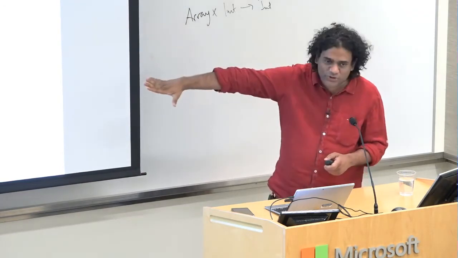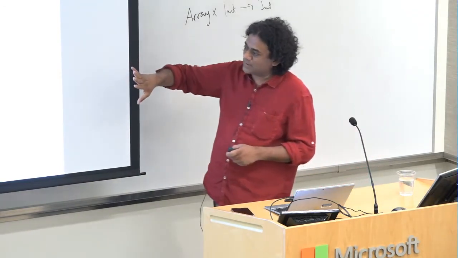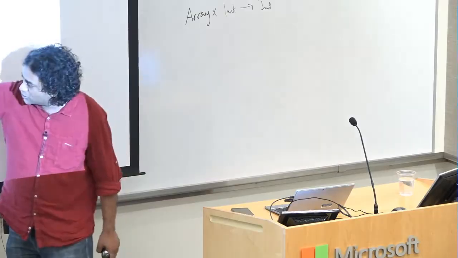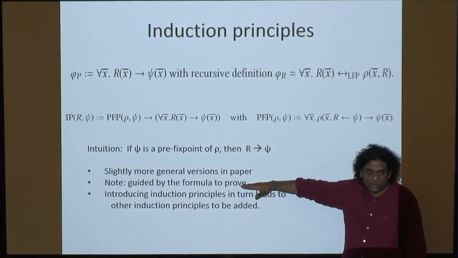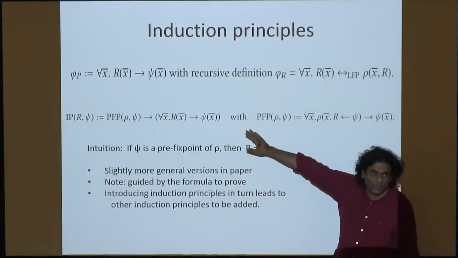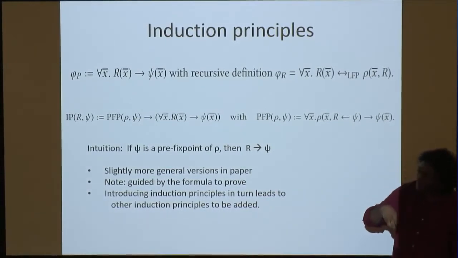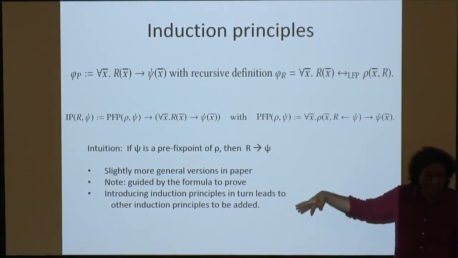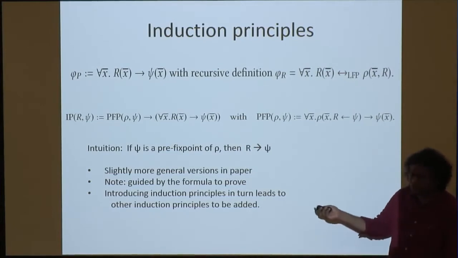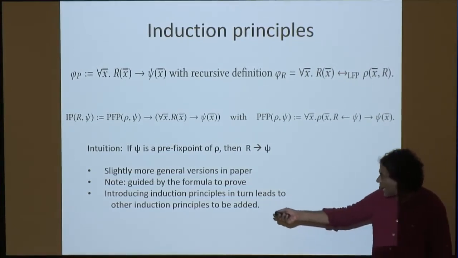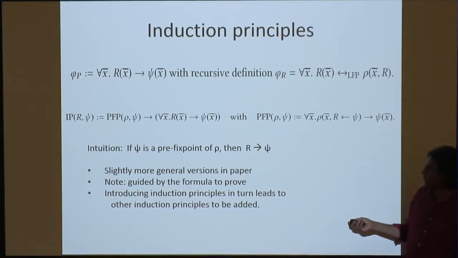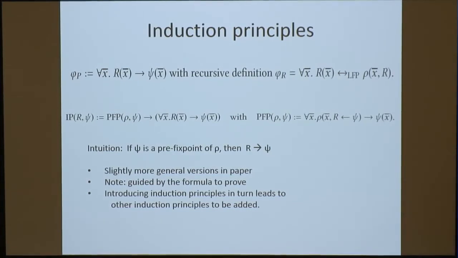There are slightly more general versions than this paper, but the most important thing is to see that it's guided by the formula that you want to prove. You write it in this form, that this recursively defined object implies something else, and then you generate this automatically. And then introducing this induction principle in turn leads to other induction principles to be added.